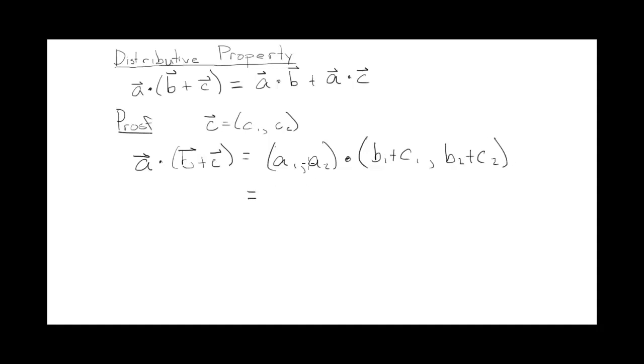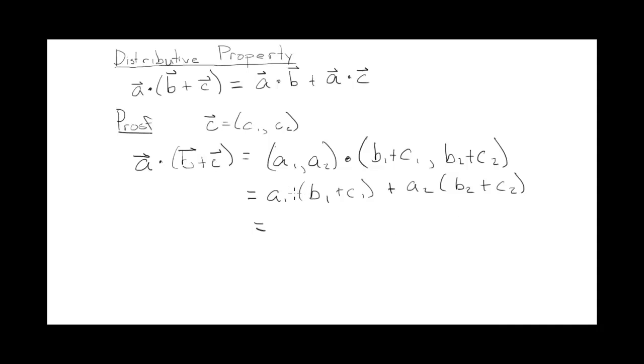So now if I do the dot product, I'd be multiplying the x components, so that would be A1 times B1 plus C1, plus, and then you multiply the y components, A2 times B2 plus C2.